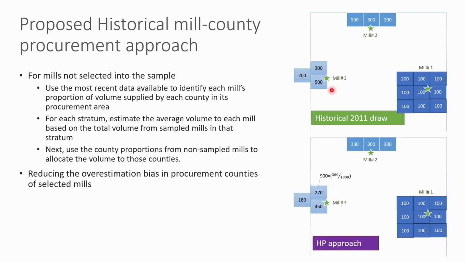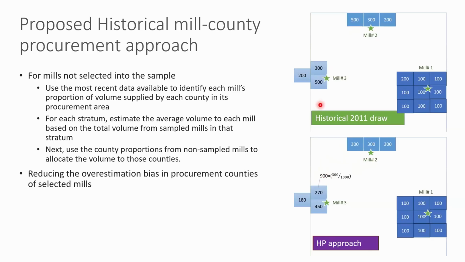We use the most recent data that we have. First, we assign the volume to the mill by using the average of the stratum volume, which is the average of the 2 selected mills, so this is like 900.